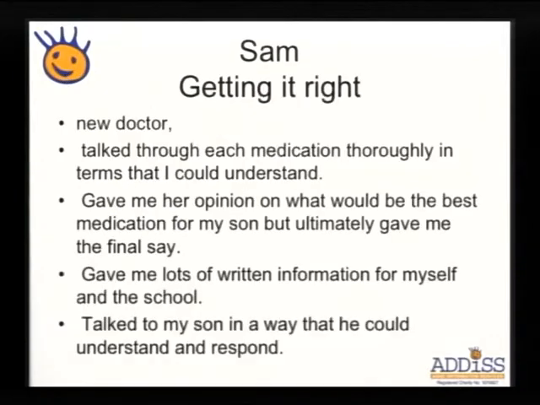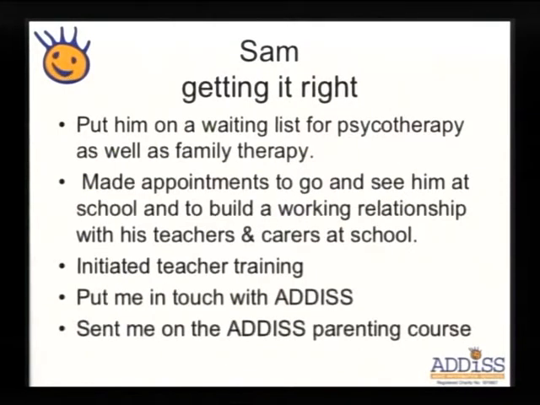So Mum took him for a second opinion. A new doctor who didn't just give him medication, but they talked through the medications so that Mum could understand it. They made a decision together about the best medication. She gave the mum a lot of information about the condition for herself and for school. She took time to talk to the boy to find out that he understood the condition, and she wanted to know from him where he felt he needed extra help.